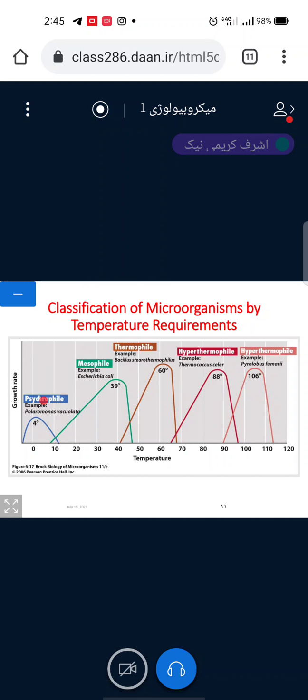Psychrophile grows in cold conditions, from 0 to 10 degrees centigrade, and the best is 4 degrees centigrade, refrigerator temperature.